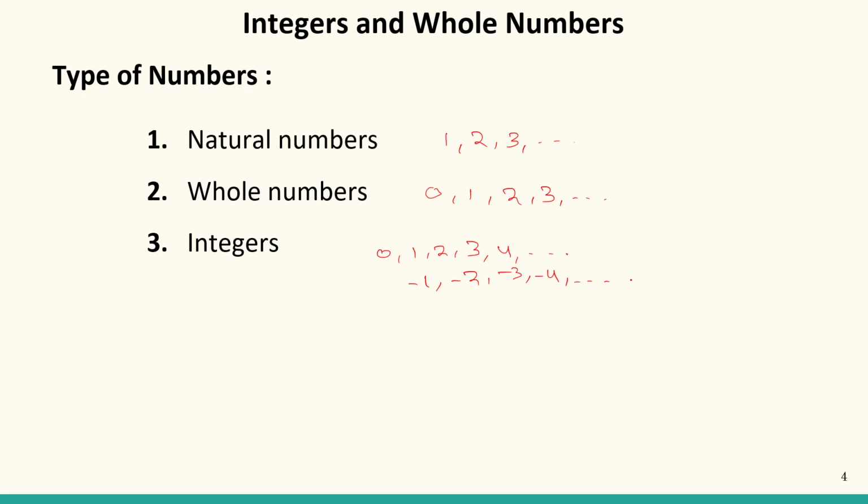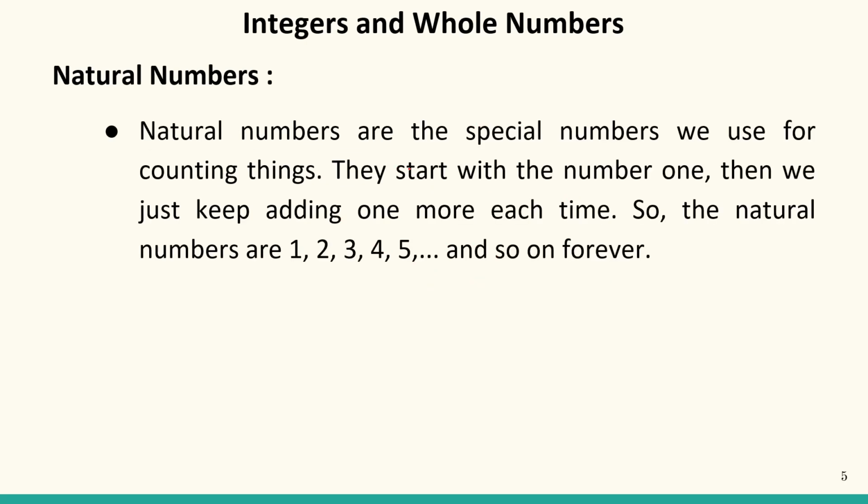What we did was just add 0 to it. Integers are whole numbers with their negative counterparts. Here we have 0, 1, 2, 3, and 4, and their negative counterparts -1, -2, -3, and -4, and so on. For each natural number, there will be a negative counterpart available in the integers. Let's explore each one.